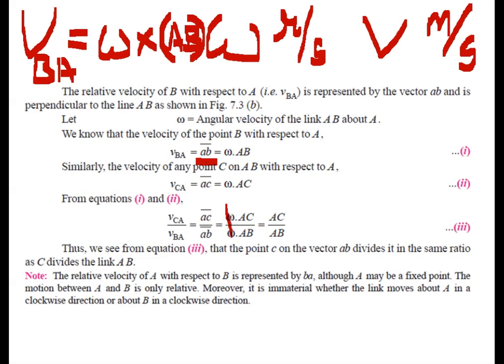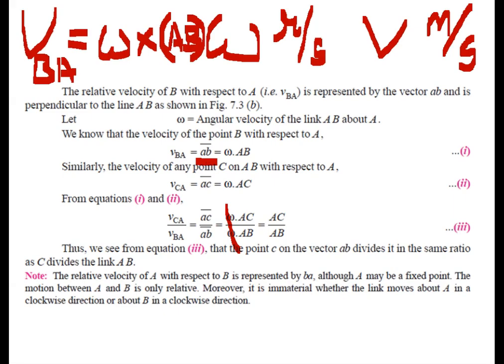Omega and omega get cancelled here, so what remains is AC by AB. So VCA by VBA is nothing but AC by AB. What it shows is that the point C on the vector AB divides it in the same ratio as C divides the link AB.